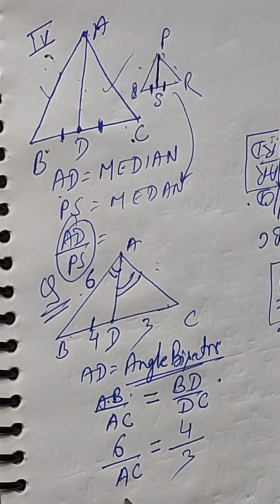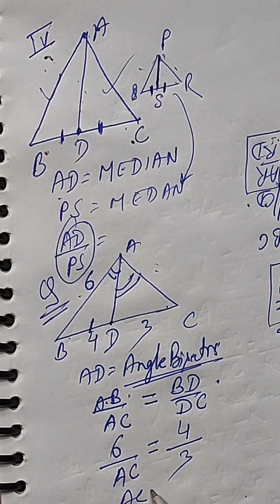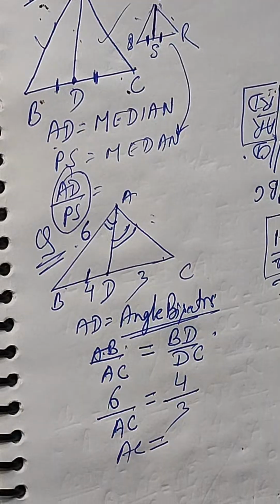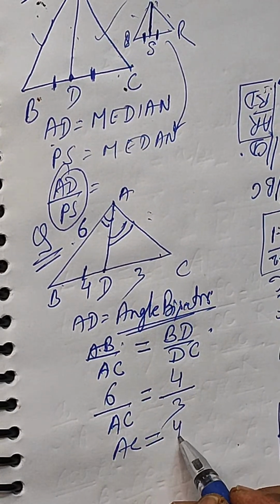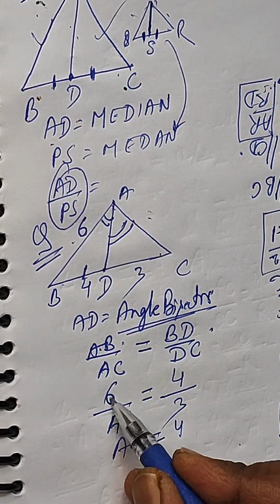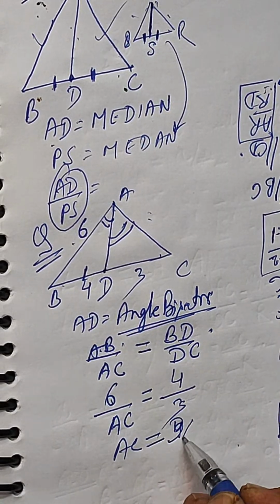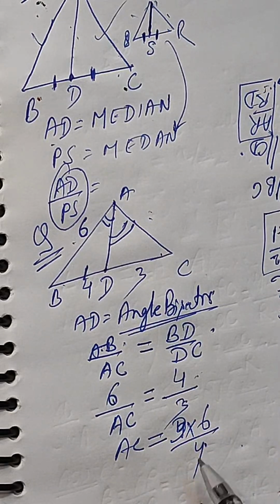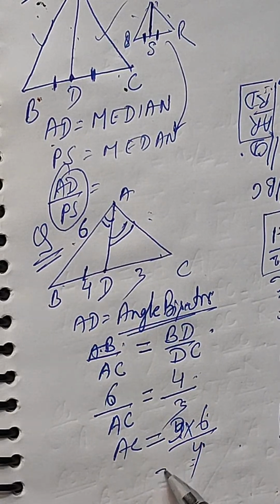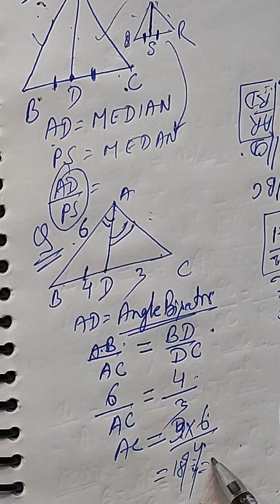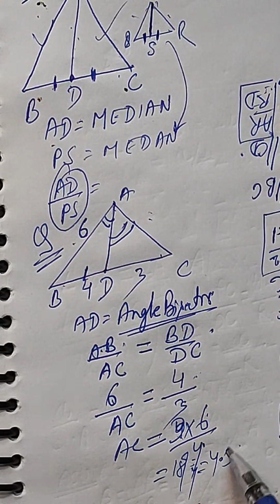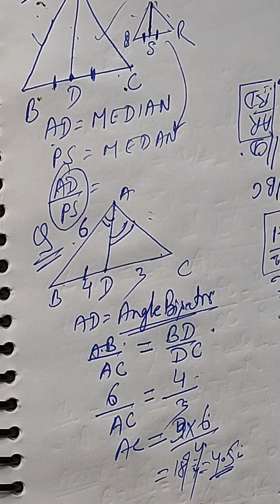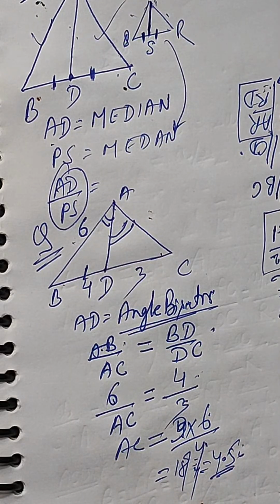By simple calculation we can calculate the value of AC, and that will come as 6 into 3 by 4, we just did the cross multiplication. So 18 by 4, this will come to 4.5. So we can solve such questions, students, right?